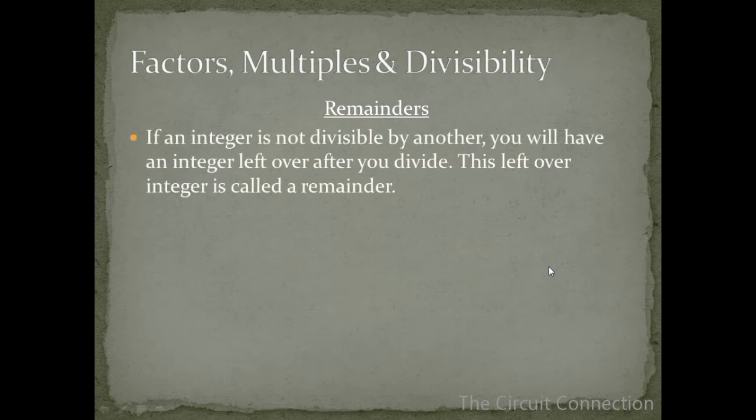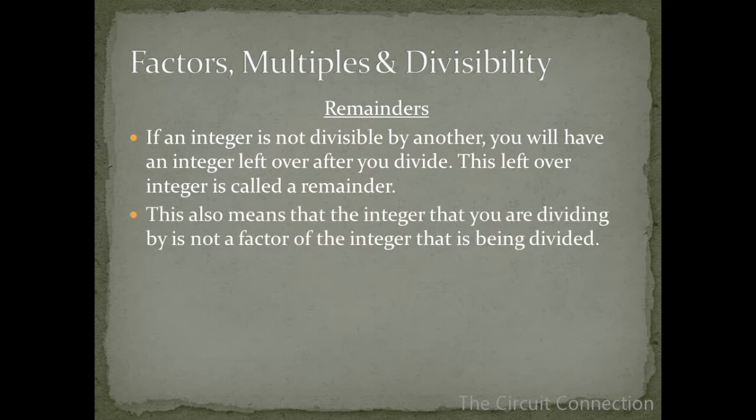Remainders. If an integer is not divisible by another, you will have an integer left over after you divide. This leftover integer is called a remainder. This also means that the integer that you are dividing by is not a factor of the integer that is being divided. So for example, 5 over 3 equals 1 with a remainder of 2.